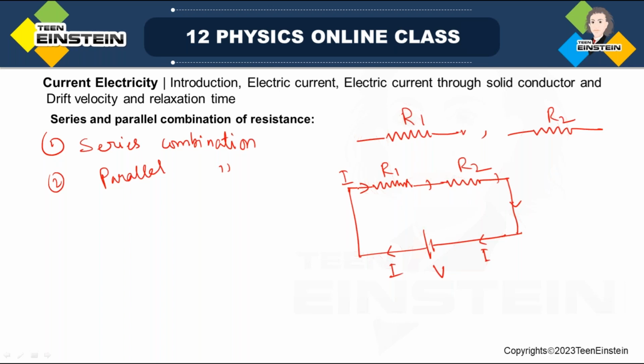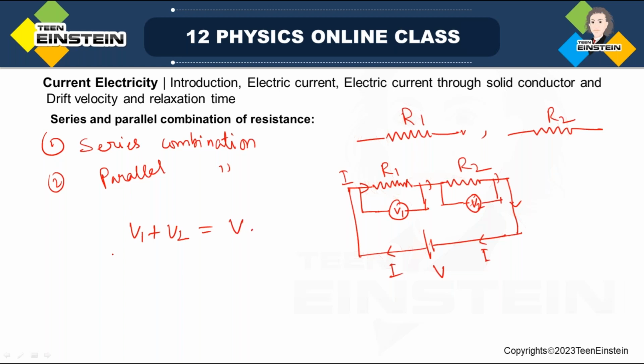But if you find the voltage across R1 to be V1, and the voltage across R2 to be V2, then the total voltage is the sum of these two voltages.